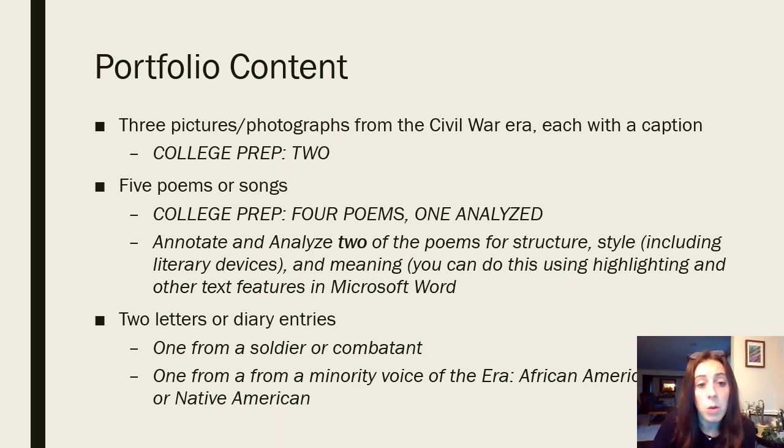And then we're going to deal with poems and songs as one category because the line between them really is very thin. So you're going to have either 4 or 5 different poems from the era that you collect. And then of those 5, 2 will be analyzed and annotated for their structure, so things like rhyme scheme and stanzas, their style, including literary devices, figurative language, connotation, diction, all of those things, and then their ultimate meaning or theme.